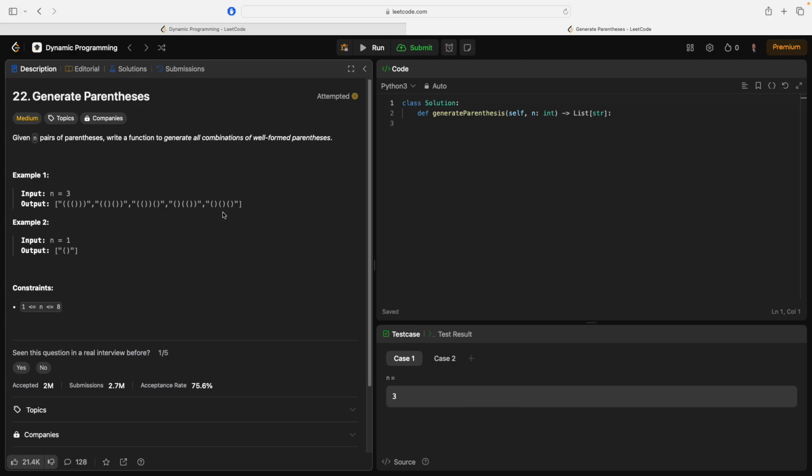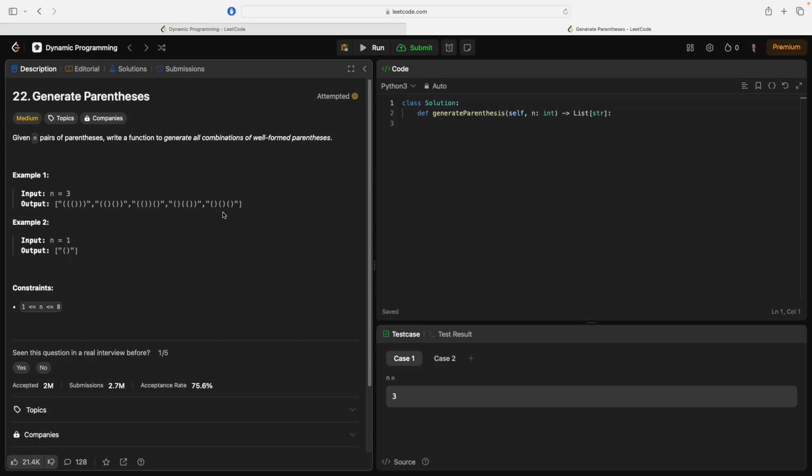For example, if n is 3, then we could have open, open, open, close, close, close, or open, open, close, open, close, close. You know what I mean. So on. So how do we make this dynamic? Do we build it top down or bottom up?